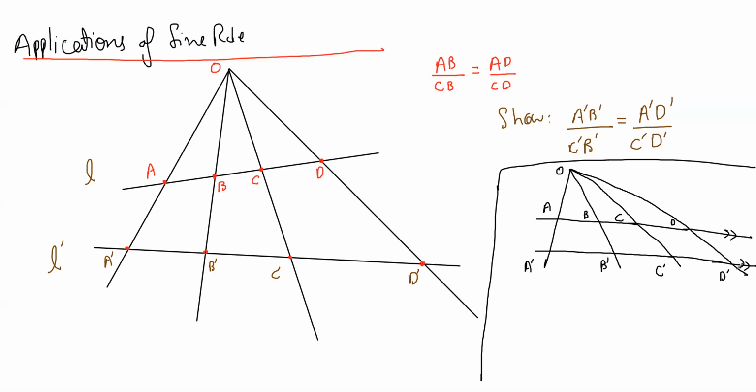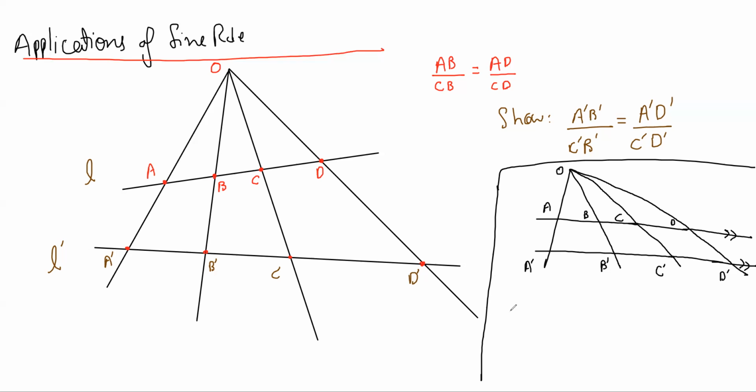So AB by CB is the same as AD by CD, and you want to show A prime B prime by C prime B prime is the same as A prime D prime by C prime D prime. So we can use similarity, right? Yes, here you can use similarity. Can you tell some details?